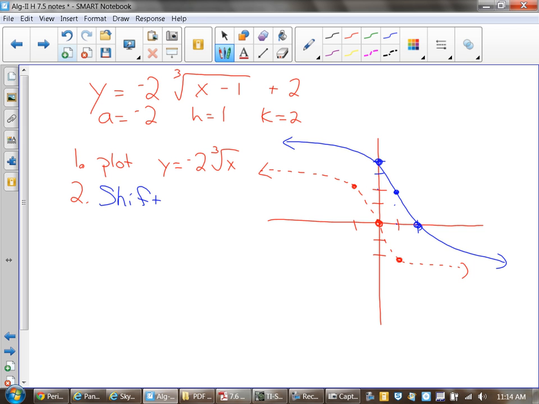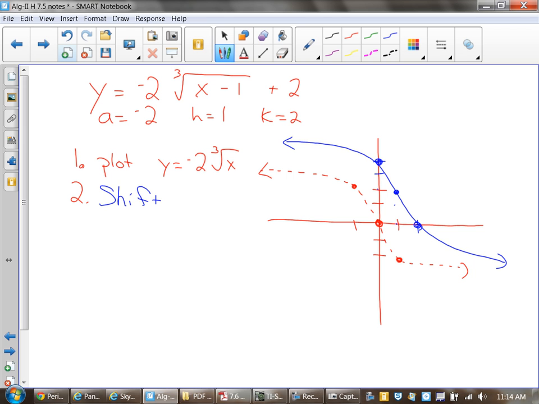H is positive. And as we get more into the second semester stuff with the graphing, H's and K's, it's the same thing each and every time. You plot the parent function with your A, whatever you're doing, and then shift it.